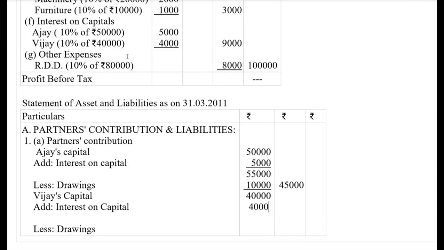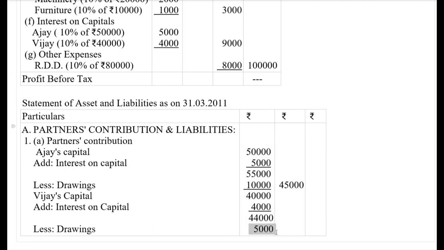So 4,000. When the sum of this will be, so here it is 44,000, when the amount of the drawings made by him is rupees 5,000, which shall be subtracted here. So let us underline here.